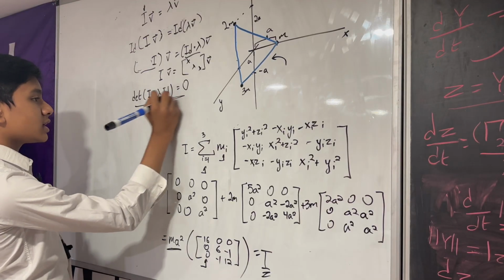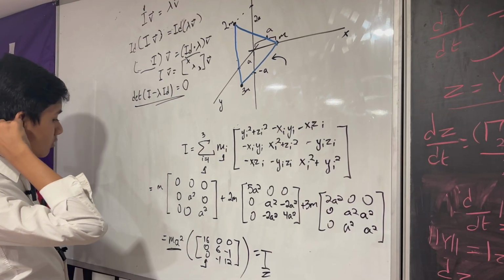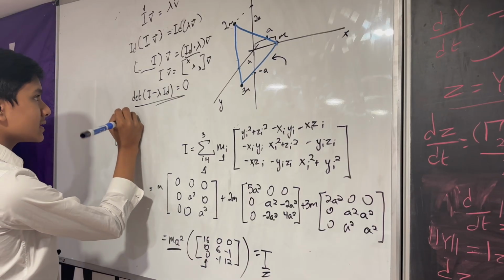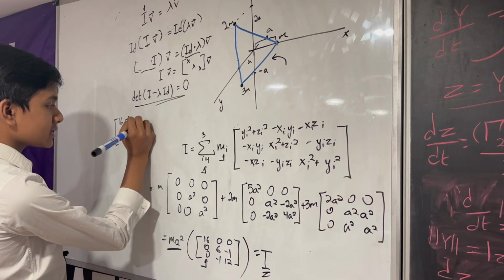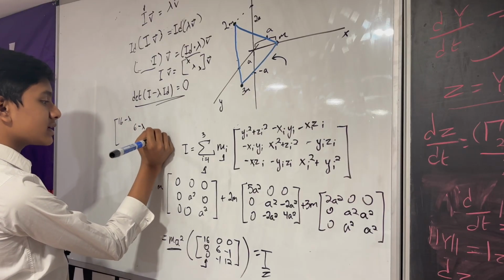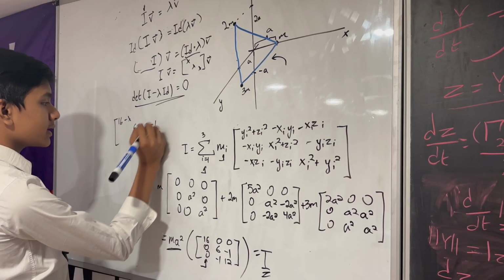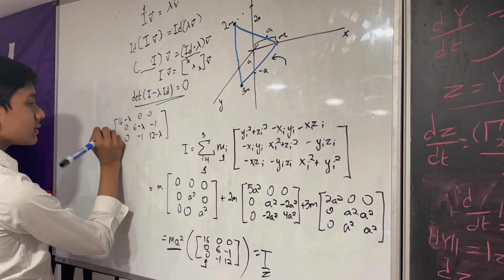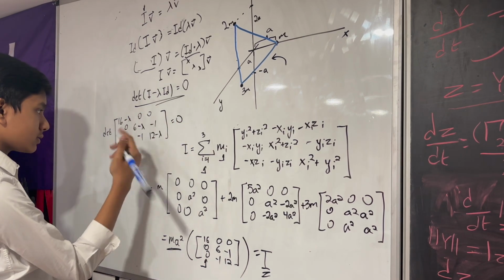So what's the determinant of this? Well, it's going to be 16 minus lambda, 6 minus lambda, 12 minus lambda, minus 1, minus 1. Everything else is 0. The determinant of that is going to be what?